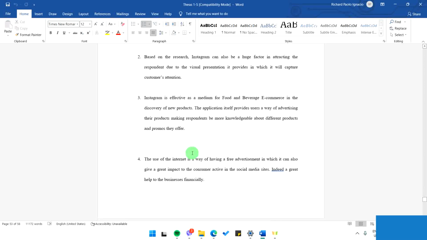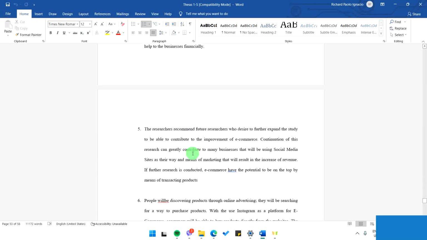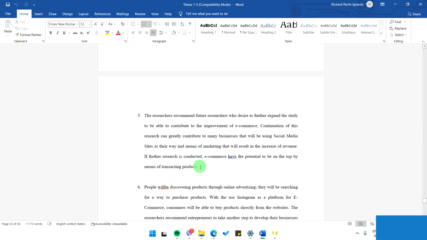We also have here this specific recommendation. The researchers recommend future researchers who desire to further expand the study to be able to contribute to the improvement of e-commerce. So, you are not just putting here recommendations to the topic on hand.